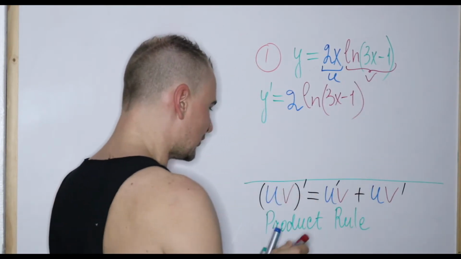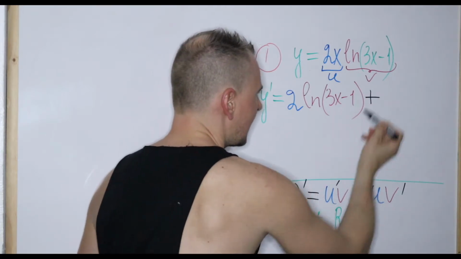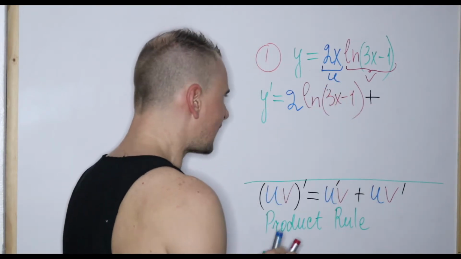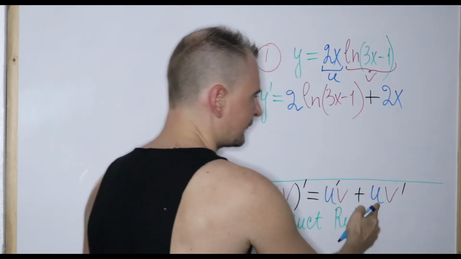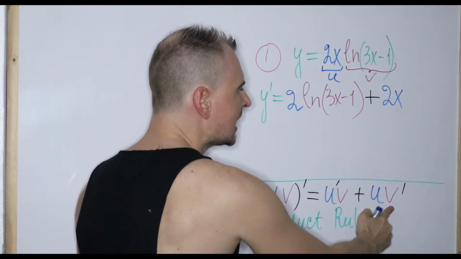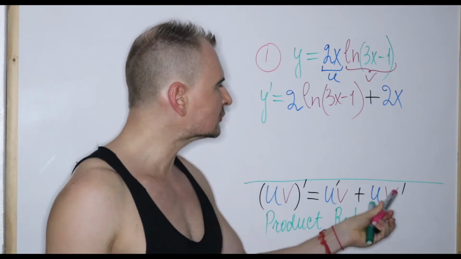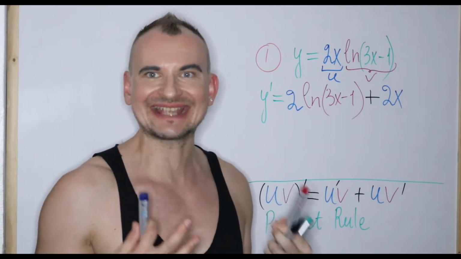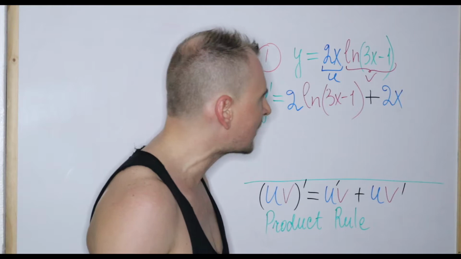Moving to the next term, so you want to add, now, the first function u as is, so 2x in place of u in this formula, times v prime. So you want to take the derivative of the second function, which is ln of 3x minus 1.